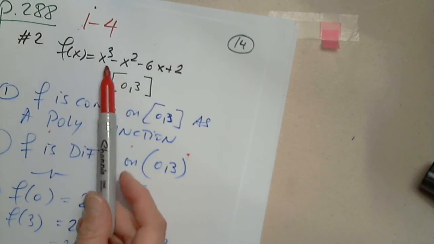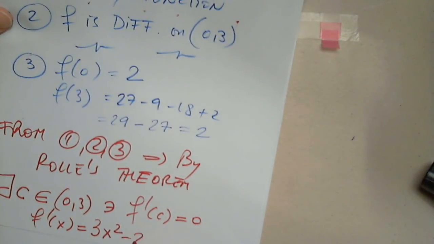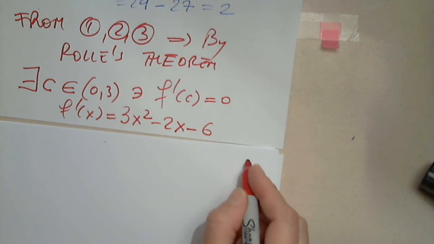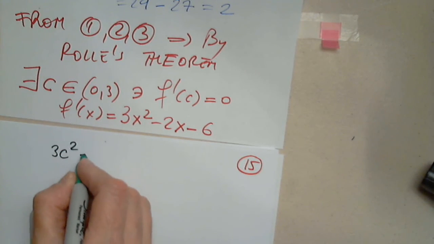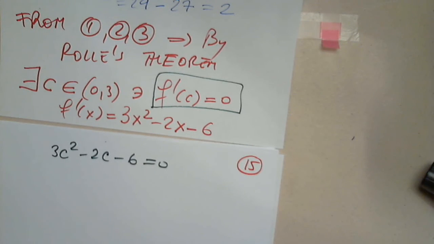Well, f prime of x is 3x squared minus 2x minus 6. Is this okay so far? Good. So now I have 3c squared minus 2c minus 6 equals 0 because I have to create this equation. And yes, you can solve it in x if you want to and then just say that is c. That's fine too.